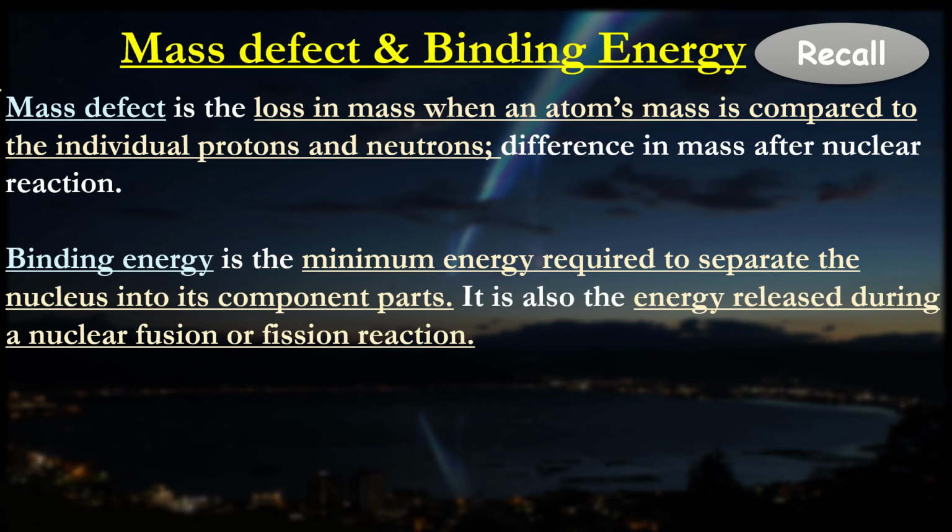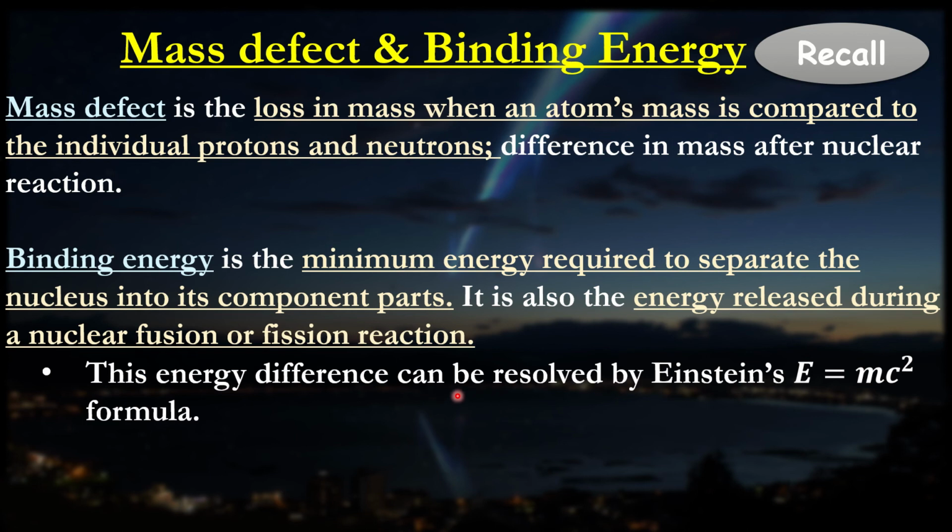The binding energy is the minimum energy required to separate the nucleus into its component parts. So that's the amount of energy you'll need to separate your protons and neutrons away from each other. This energy is released regardless of what type of nuclear reaction you have. It can be for fusion, it can be for fission.